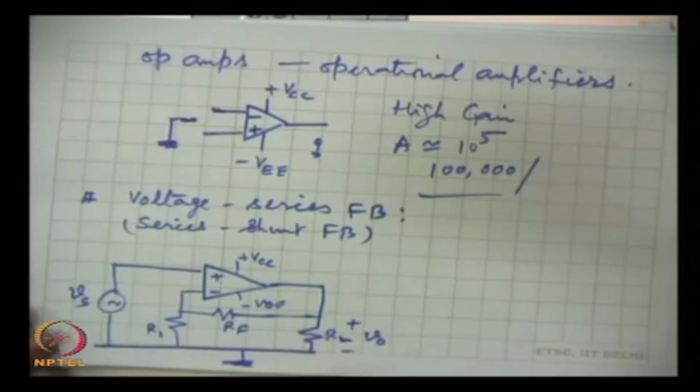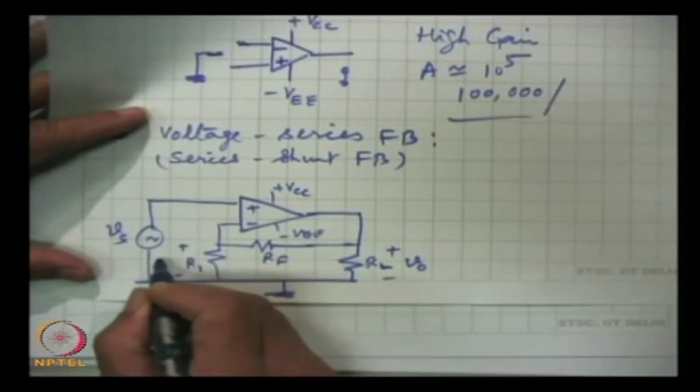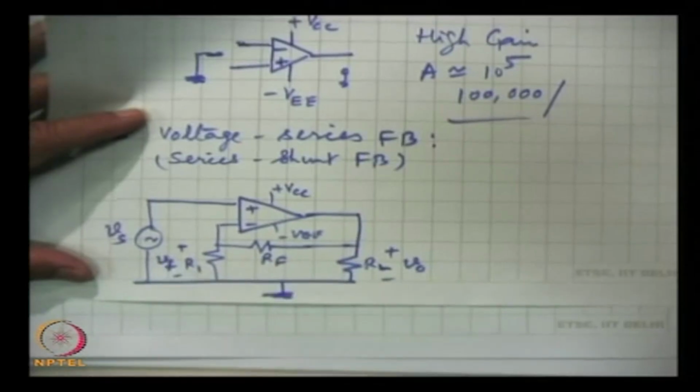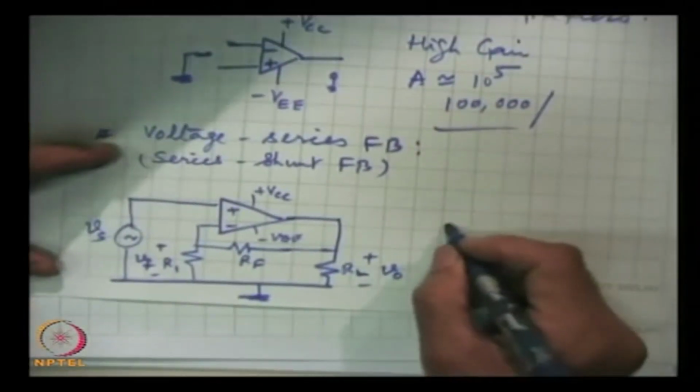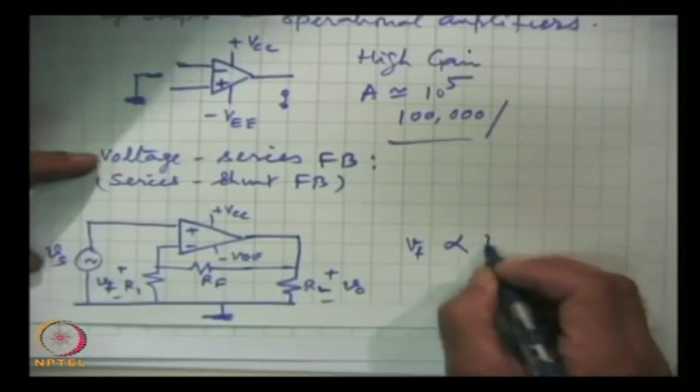That is the feedback connection, and here the voltage which we are feeding is proportional to V0. This is the voltage developed, here is Vf, and Vf varies in proportion to V0.